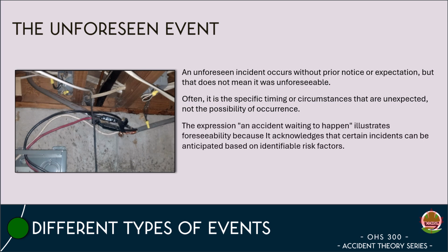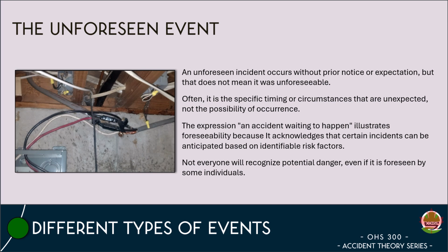The common expression, "an accident waiting to happen," illustrates this concept, as it acknowledges the foreseeability of an incident based on the presence of identifiable risk factors. Such risks might be apparent to those who are trained to recognize them or who have experience in assessing similar situations. However, the foreseeability of an incident does not guarantee that everyone will recognize the potential danger.